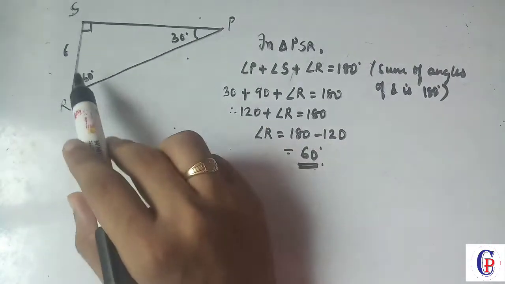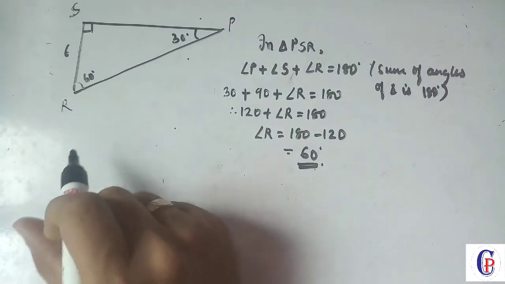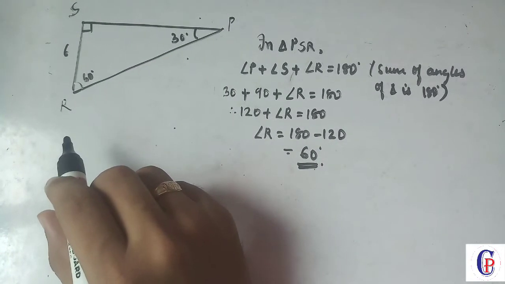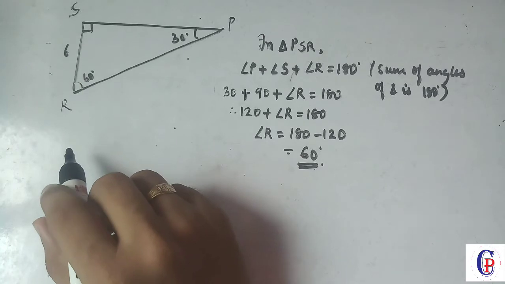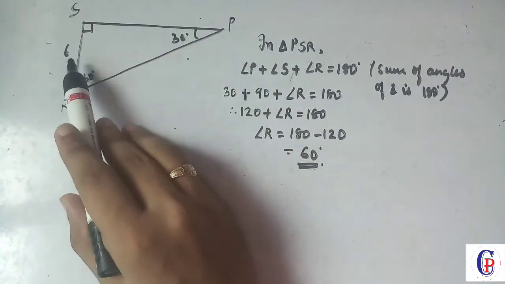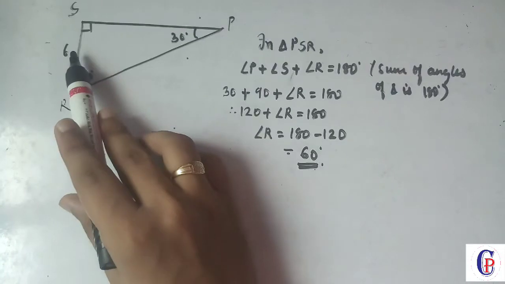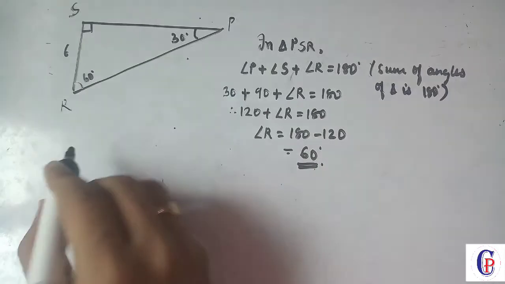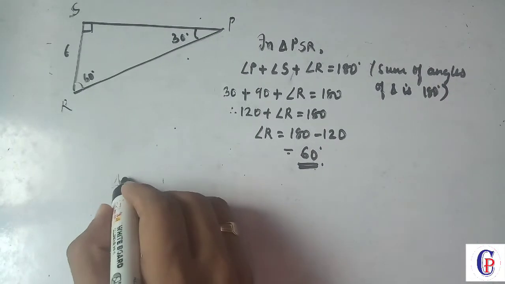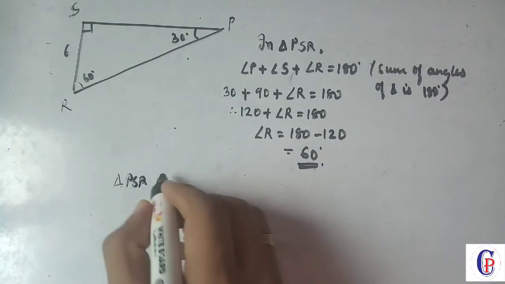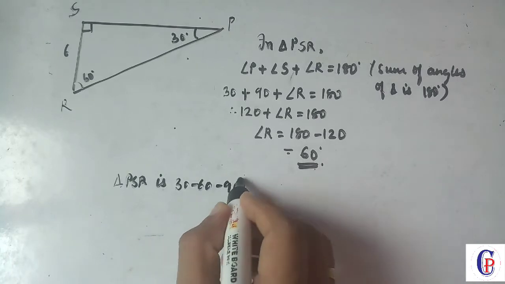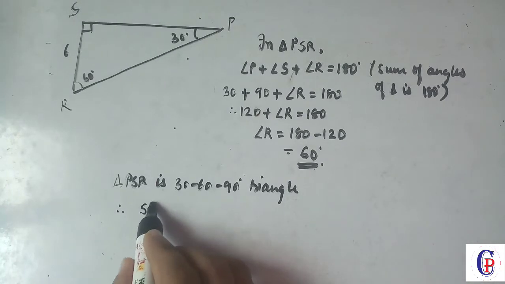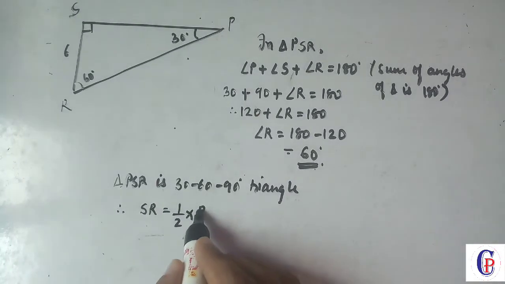This triangle has now become a 30, 60, 90 degree triangle. So of course we have to use the 30, 60, 90 degree theorem. What does it say? It says the side opposite to 30 degree, that is this side, is half the hypotenuse. So triangle PSR is a 30, 60, 90 degree triangle, therefore SR is half PR.